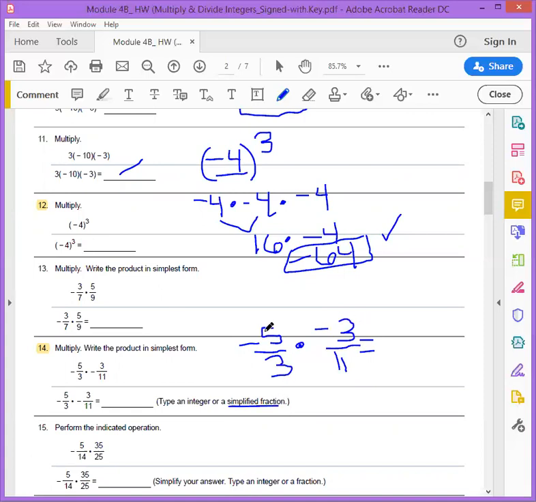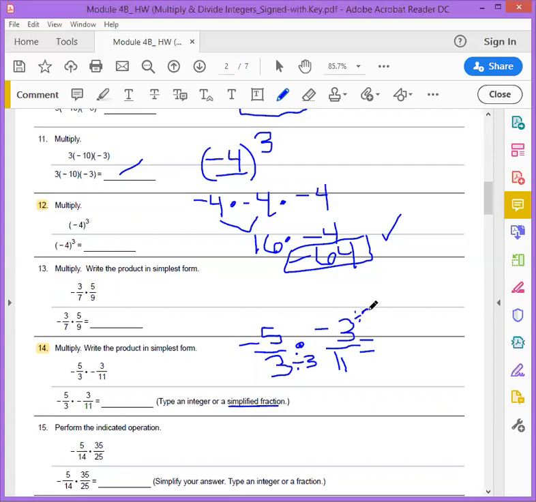But if you look at the terms that are diagonal to each other, you can cross cancel, meaning you can get to that simplified answer quicker. If there's a number you can divide into both of those digits that are diagonal to each other, I'm looking at 3 and 3 because we can divide both of these digits by 3 and simplify it.